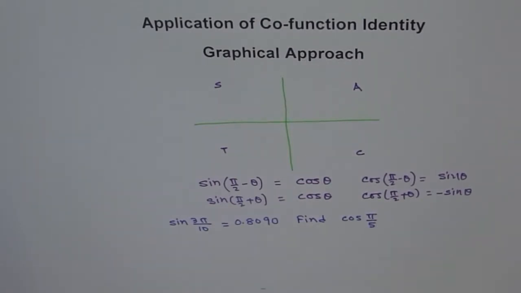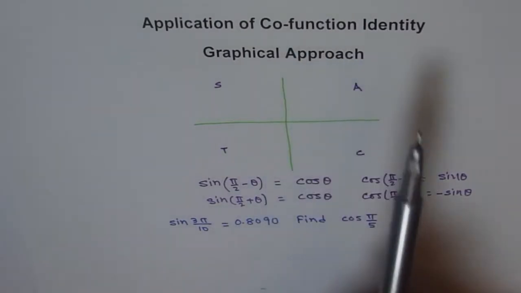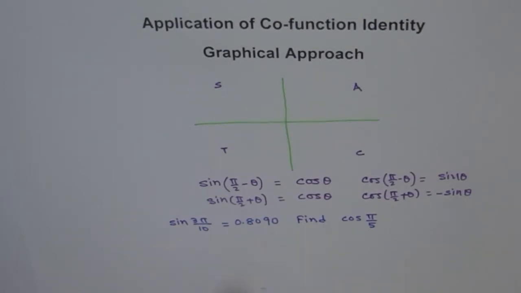When a question like this is given to you, a hint is there that somehow these two numbers are related. Now when you look into this kind of problem, you are given sine and you want to find cosine. That means you have to look for the cofunction identity. So that's the straight hint. Correct?